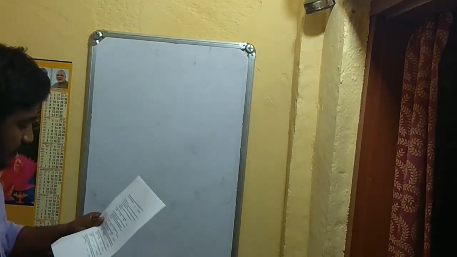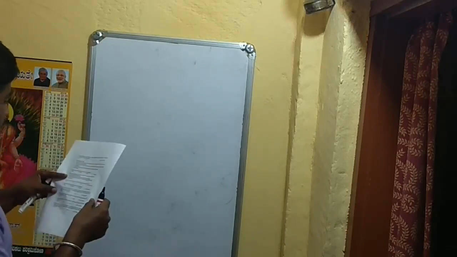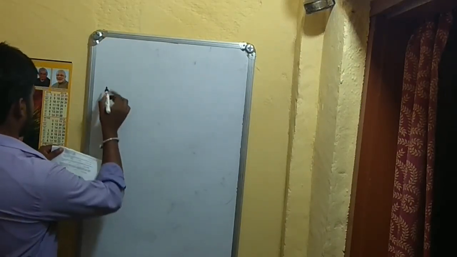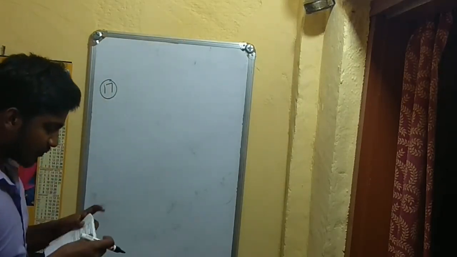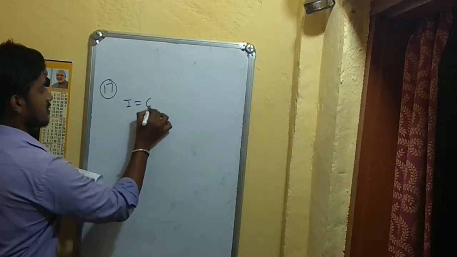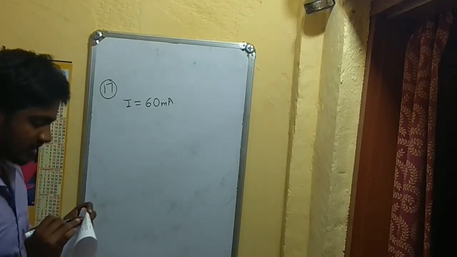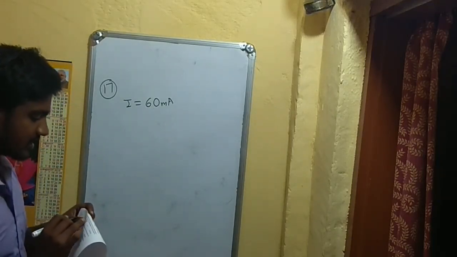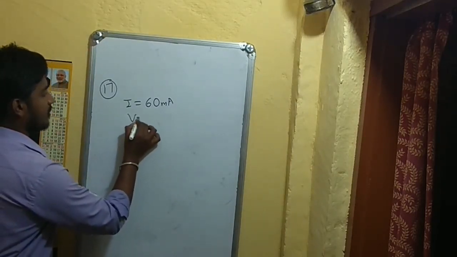Next, 17th one. It was found that the current was 60 milliamp when the circuit with a particular resistance is connected to a 20 volt battery.